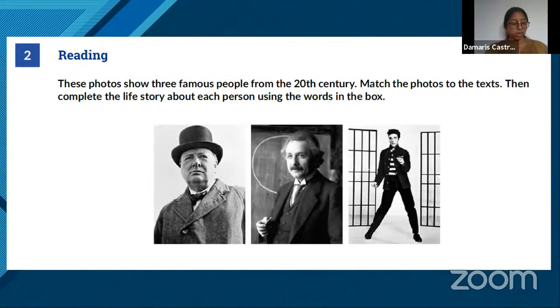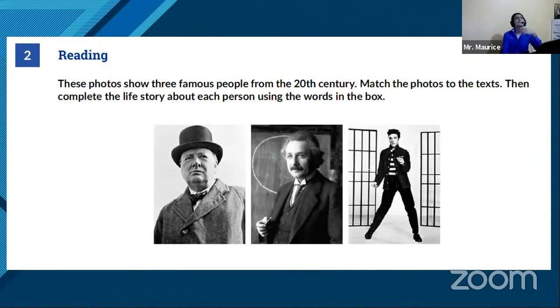He was Winston Churchill. He was born in the UK in 1975. Okay, good enough. Wow, nice job. You can tell me more about the others. He was Albert Einstein.